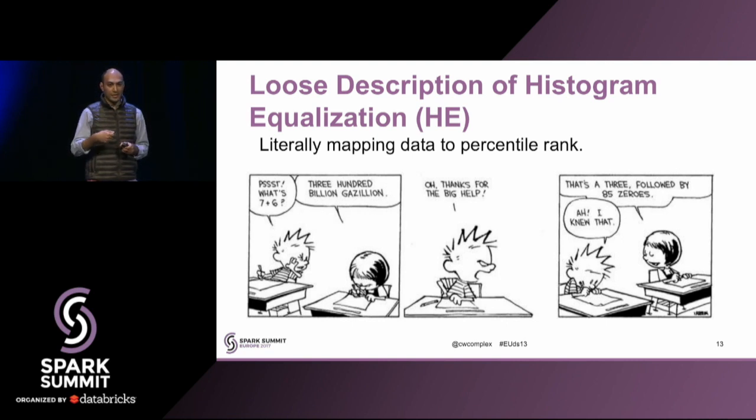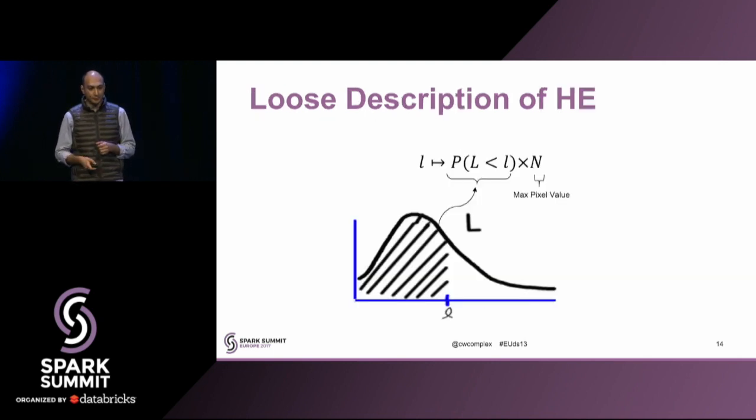Well, think of any standardized test you took. You had probably a raw score and a percentile rank, like top 20% or 90th percentile of test takers. So this would be a way to compare between cohorts of test takers. That's essentially what we are doing here with our pixels.